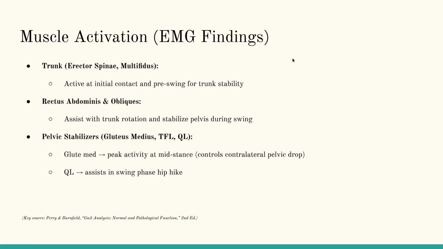EMG helps us understand timing. The erector spinae and multifidus are active at initial contact and pre-swing to stabilize the trunk. The rectus abdominis and obliques assist with trunk rotation and pelvic stabilization during swing.